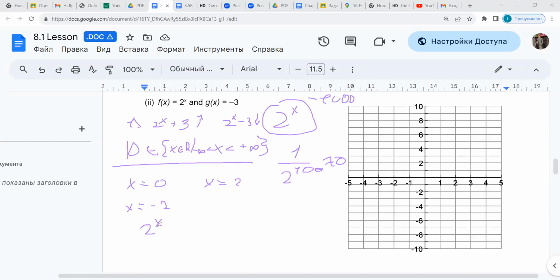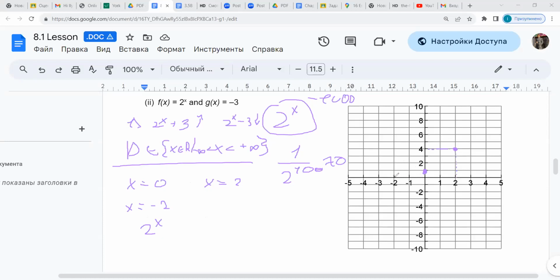x equals 0 would give us 1, so it's a point right here. Then x equals 2 is going to be 4, so y equals 4, a point going to be right here. And -2 would give us 1 over 4, right?